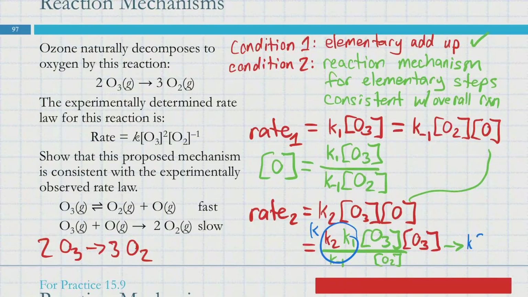So K, concentration of ozone squared, and our oxygen is on the bottom, so that's -1. In classic fashion, I've run out of room, so it's squeezed in there. But that's what it looks like. And this is consistent with our experimentally determined rate law. So that means we did it correctly.